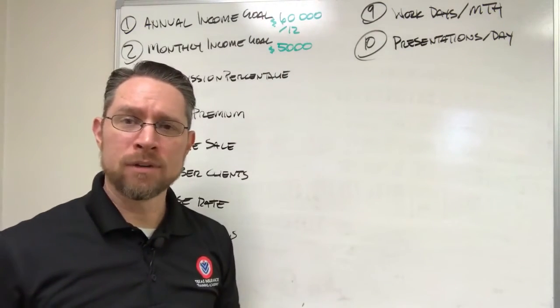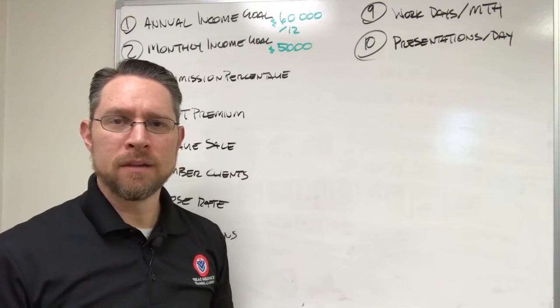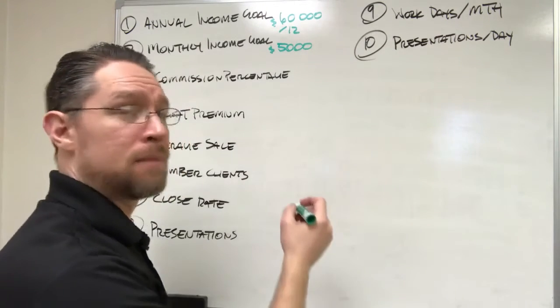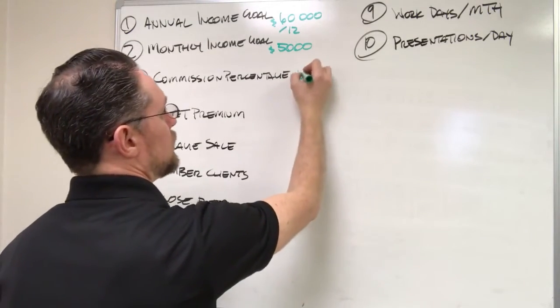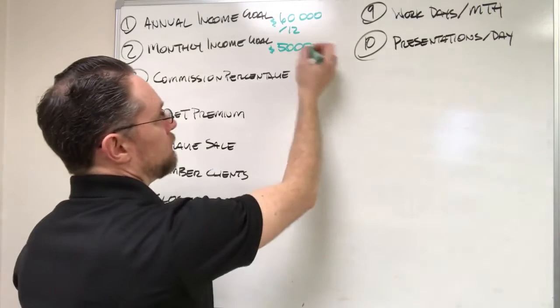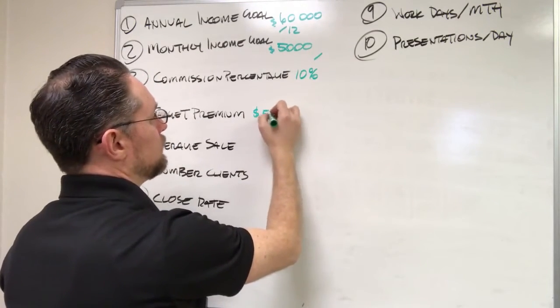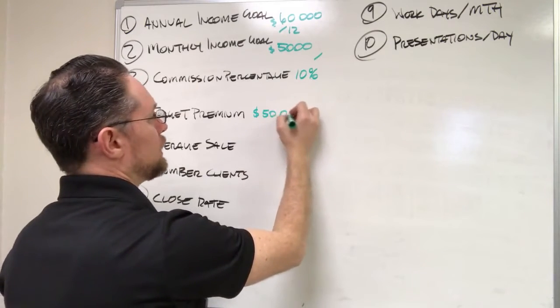I'm using the health insurance industry in this example. If you have an average commission percentage of 10%, let's say your average is 10%, you take 5,000 divided by 10%. That's going to give us a monthly target premium.